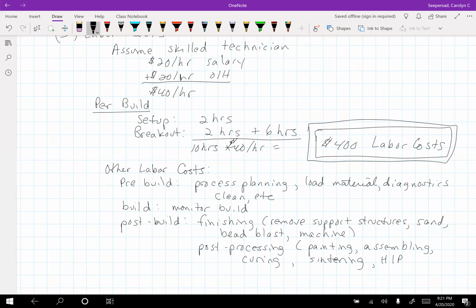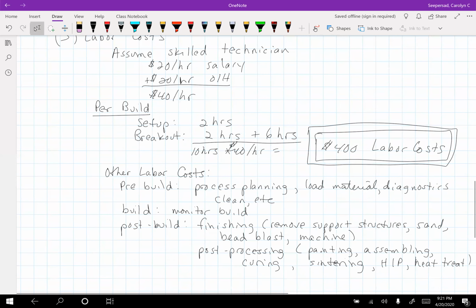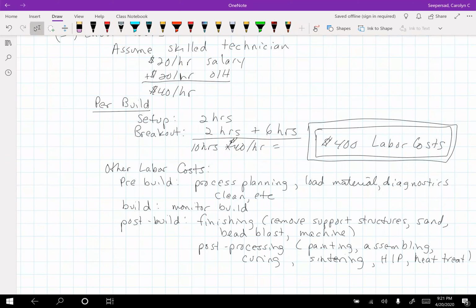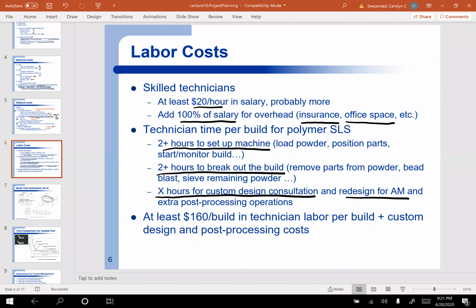You might need to HIP, for example, or heat treat, depending if you're doing it in-house. All those things might come into play, so it depends on what you need your technicians to do. So that takes care of our labor costs.